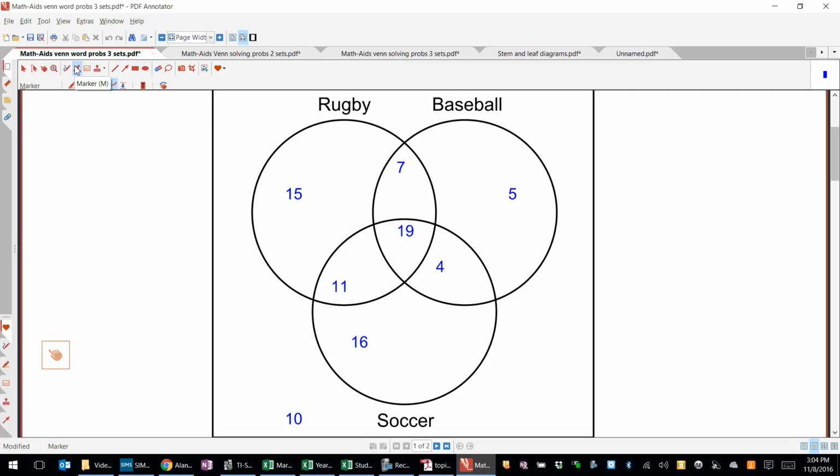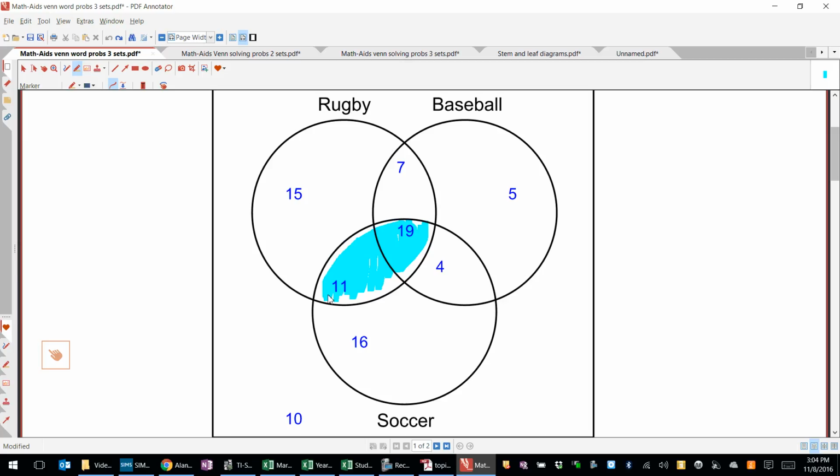What I do is I take it in stages. Both rugby and soccer, so I highlight both rugby and soccer. So that's that region.